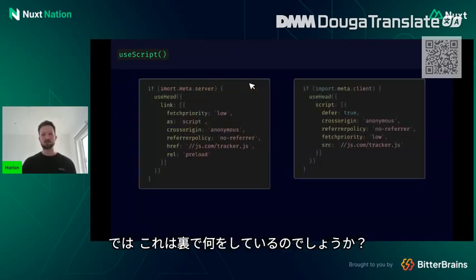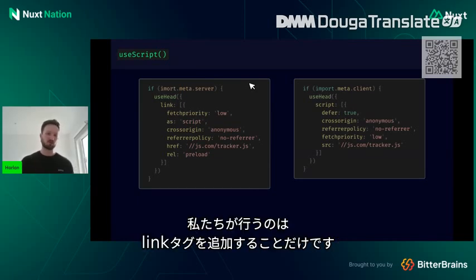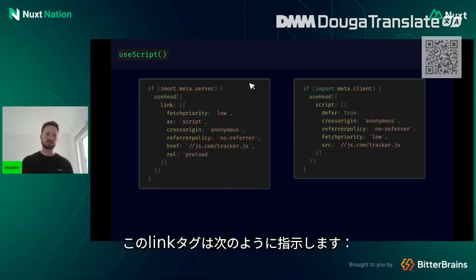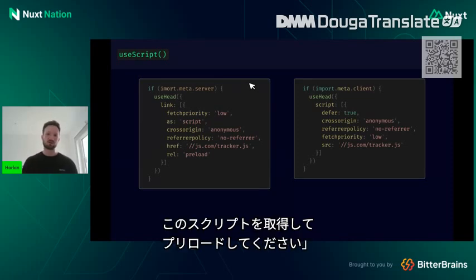So what's this doing behind the scenes? Well, when we're rendering this on the server, all we're going to do is add a link tag. And this link tag says, hey, if the network is free, if you're not doing anything, can you go and get this script and preload it for me?